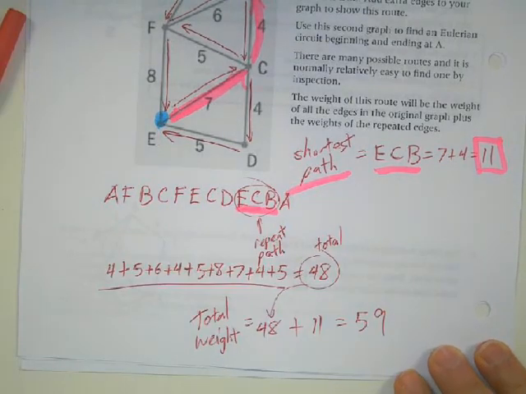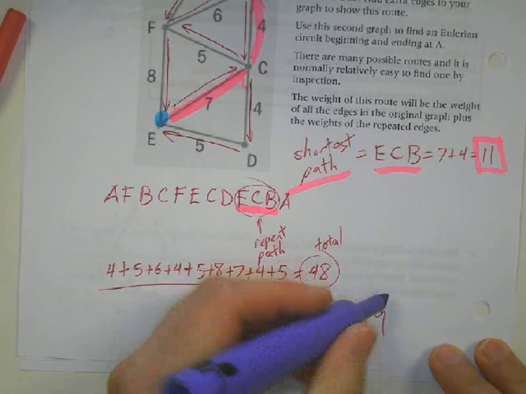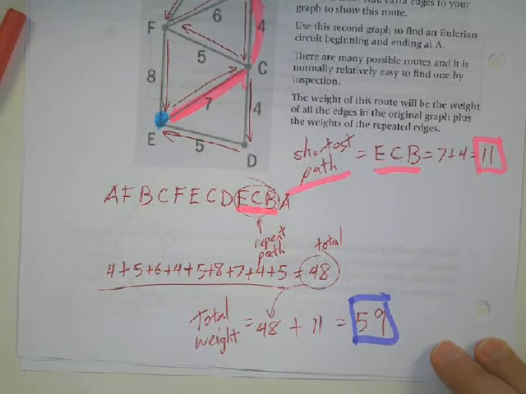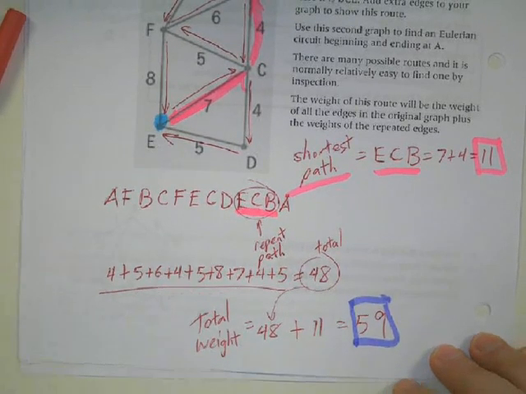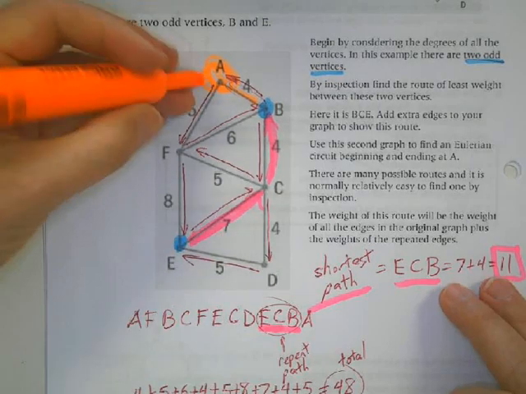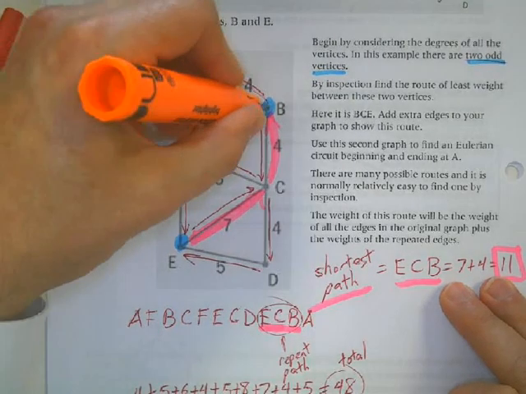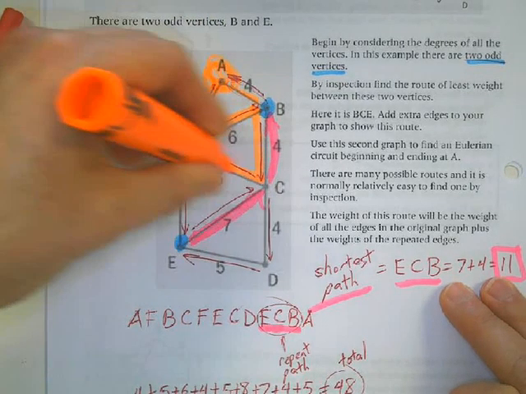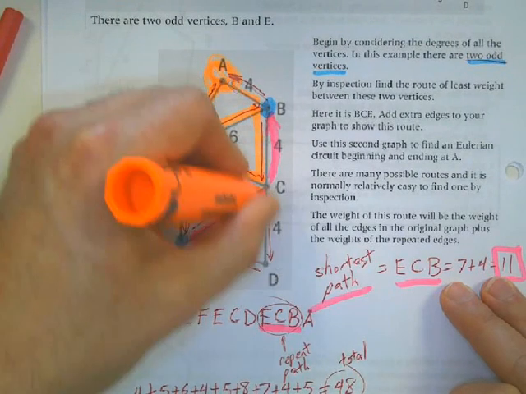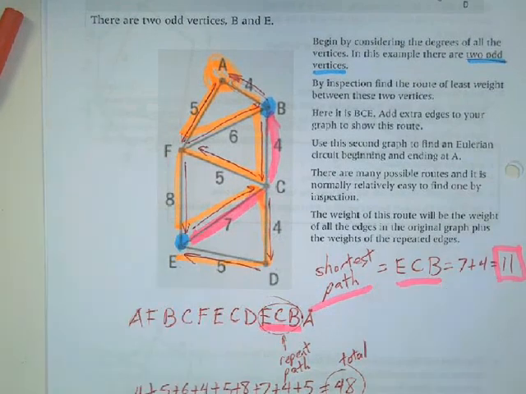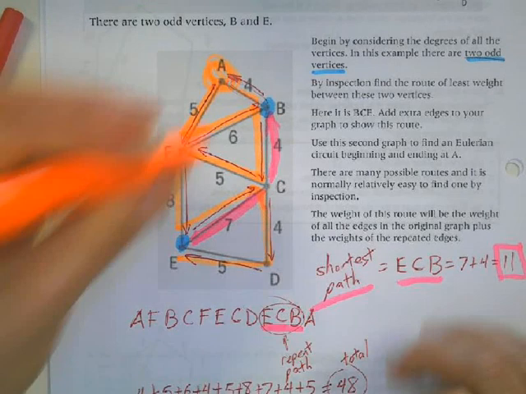Okay. So we went from A to F to C, this way, this way, and so on, and then I did the pink path, and then I went this way.